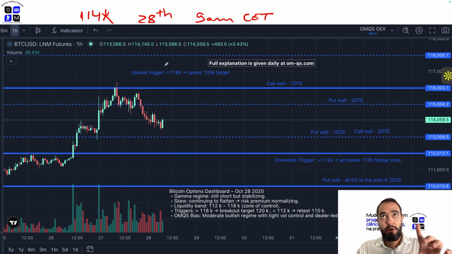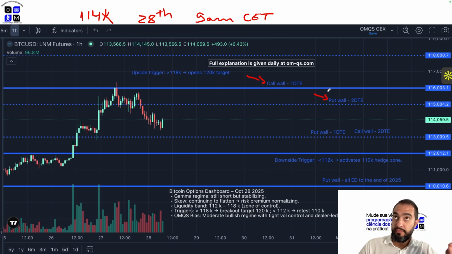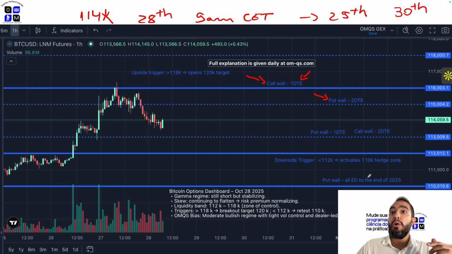These levels and all of this information you're seeing on the screen written in blue are taken from the options data. From that, we can understand what we call the call and put walls for 1 day to expiration, meaning the 29th in this case, 2 days to expiration, the 30th of October, and all expiration dates to the end of 2025.